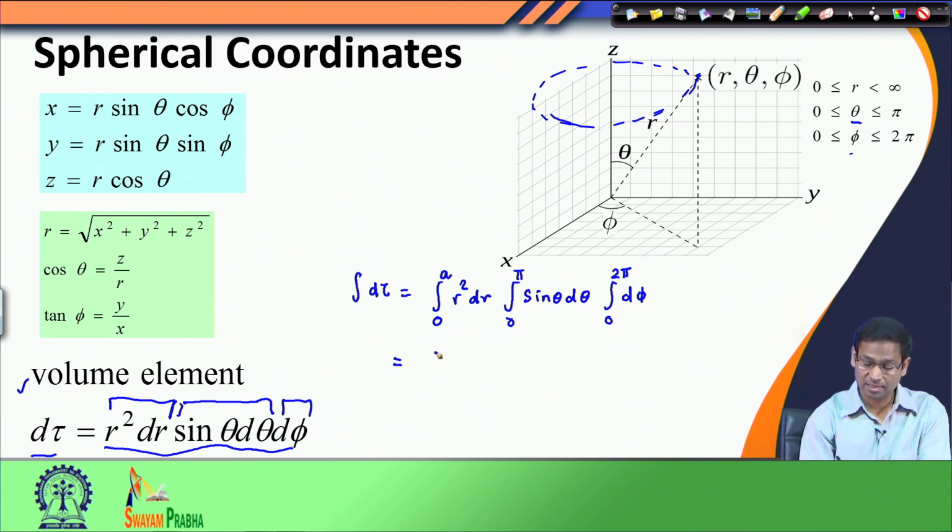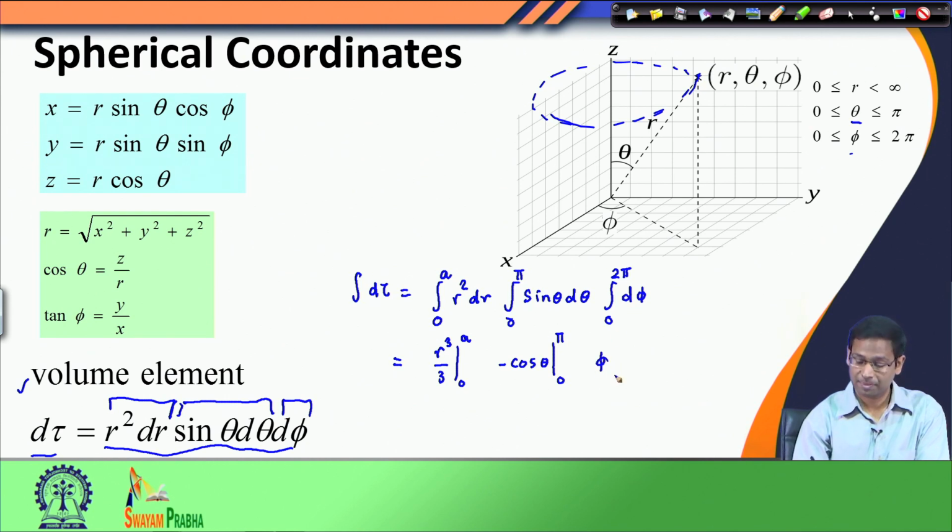When I integrate this, I have r cubed by 3 in the range of 0 to a. When I integrate sin theta, I have minus cosine theta in the limit of 0 to pi, and when I integrate d phi, I get phi going from 0 to 2 pi.